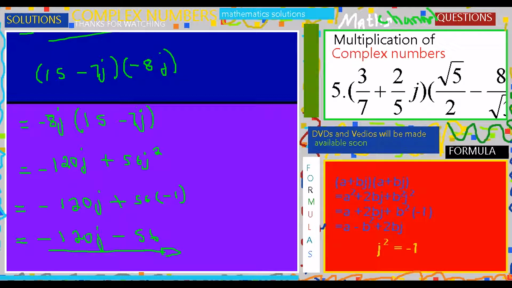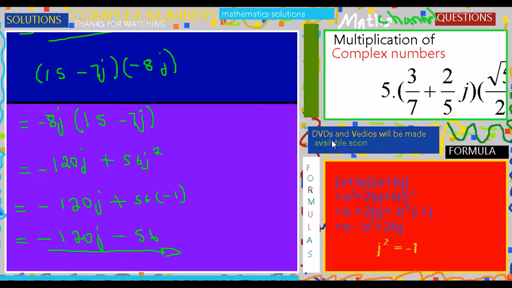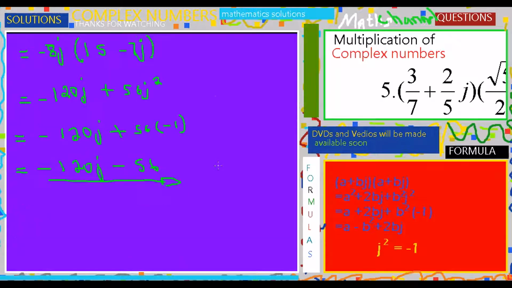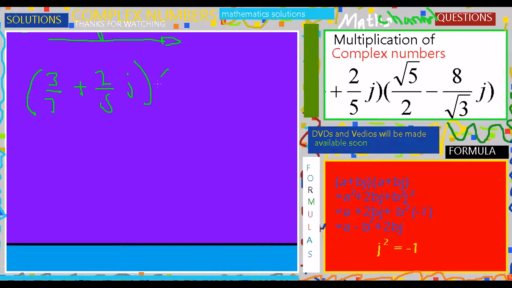Okay, this one, let's write it so that it comes out clearly. We have 3 over 7 plus 2 over 5j, and then close the bracket. Then we will have something like 5 over 2 minus 8 over root 3j.